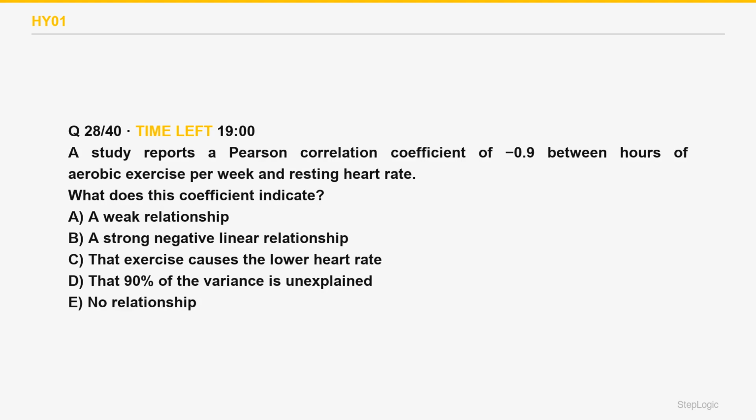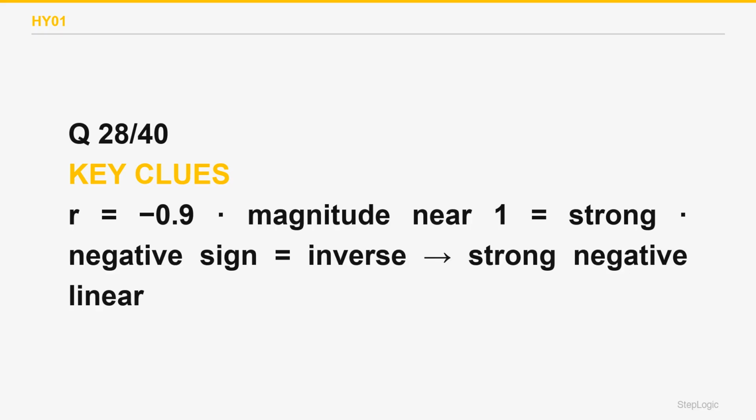Read the command, interpret an R of -0.9. The sign gives direction and the magnitude gives strength. A correlation coefficient runs from -1 to +1.